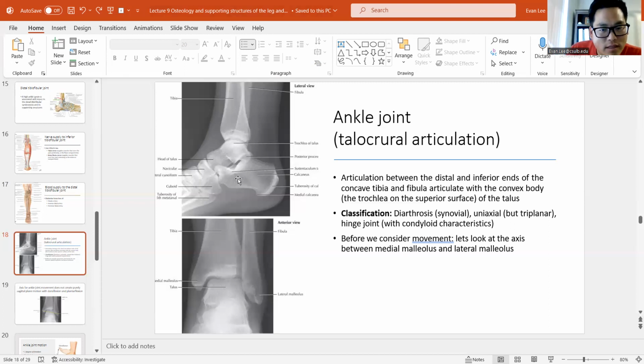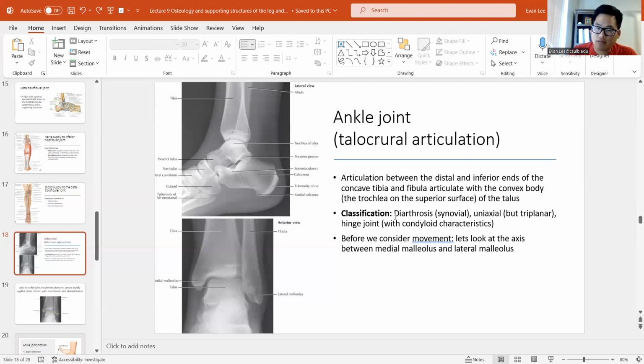So if you look closely, this is the talus. You can see the trochlea even, and then you have the tibia, which is going to be resting on top of that trochlea, which allows it to have its main axis of movement, which is going to be in the sagittal plane, but that is going to be plantar and dorsiflexion. So it is a diarthrosis.